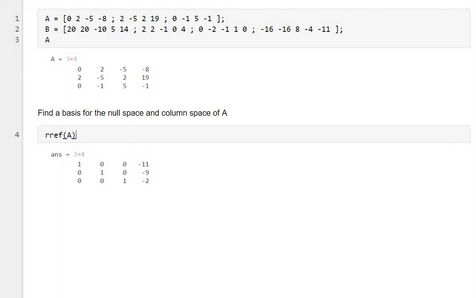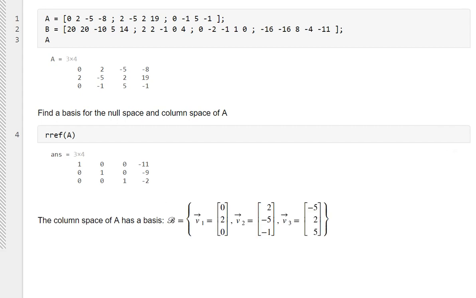So if I want to find the column space of A, it has a basis of these vectors. And I'm going to type them in and pause the video while I do it. So this is all the task is.